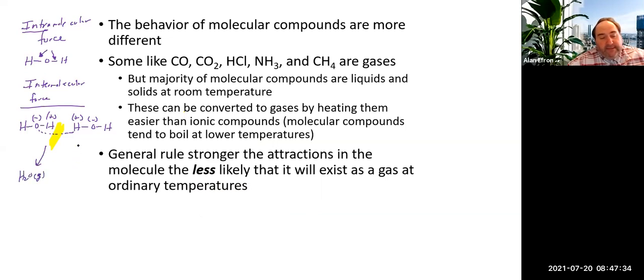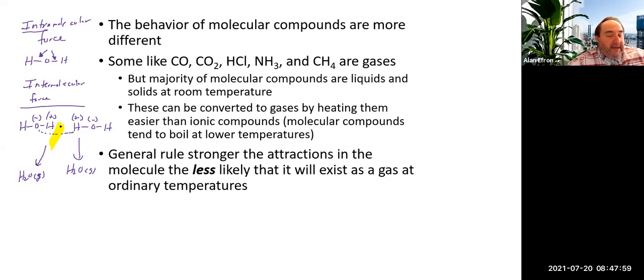Gas molecules as they come out. If it was opposite and the intramolecular force was weaker, when you heated water, each water molecule would fall apart and you would get hydrogen gas and oxygen gas, which would not be a great idea, especially if you're heating it. So we know that doesn't happen.